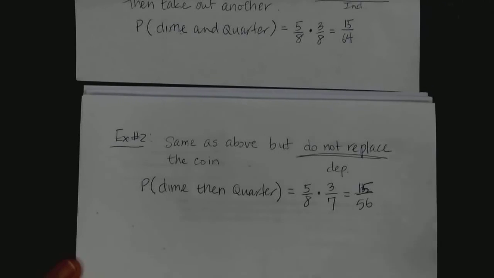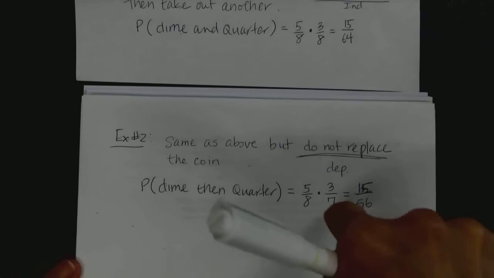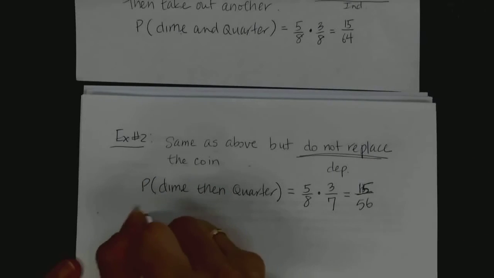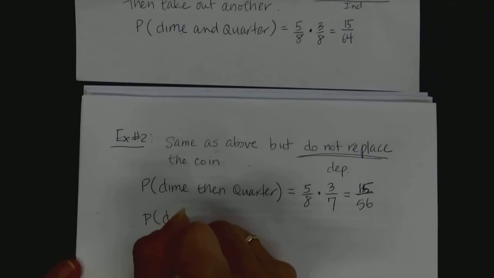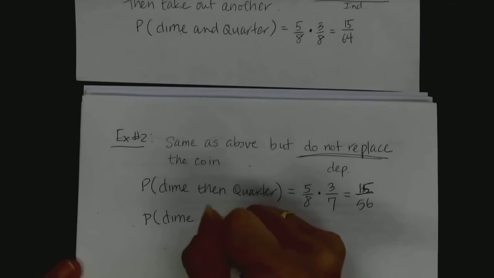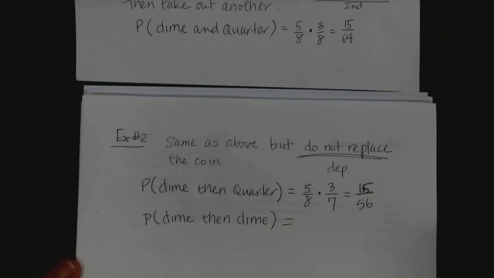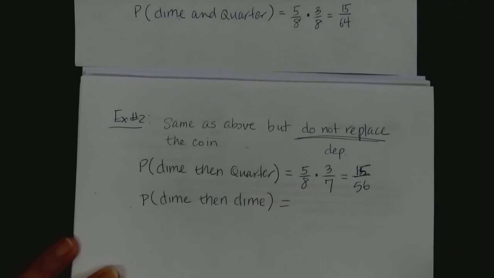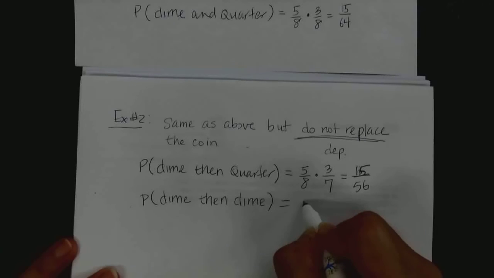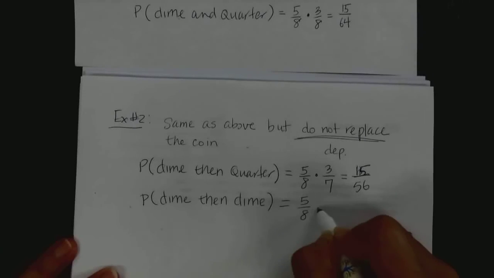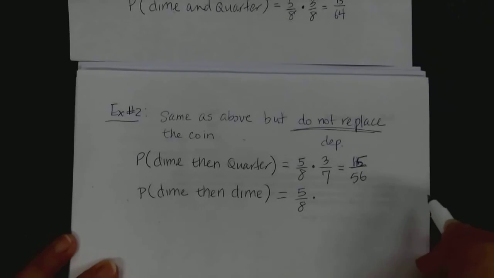So with dependent events, the total amount changes. Now let's do the same thing again. This time I want to take out a dime, and then I want to take out a dime again. What is the probability of that happening? 5 out of 8. Then you keep that dime out.